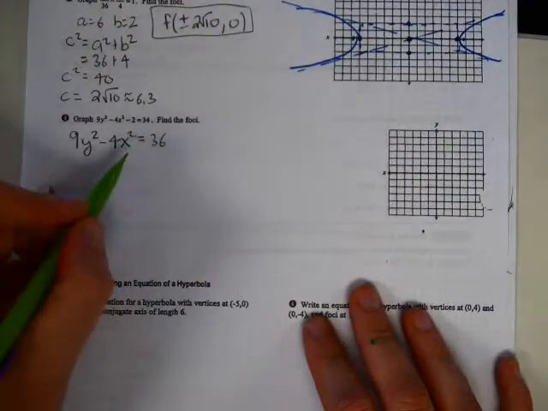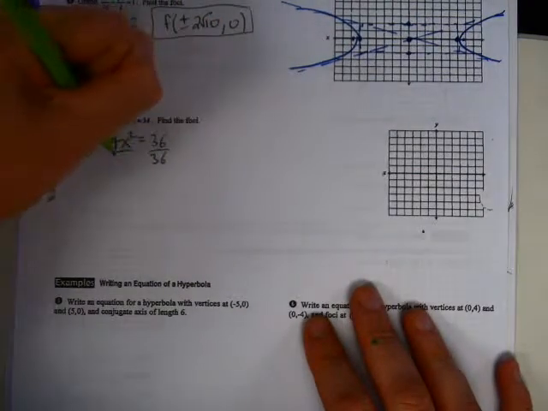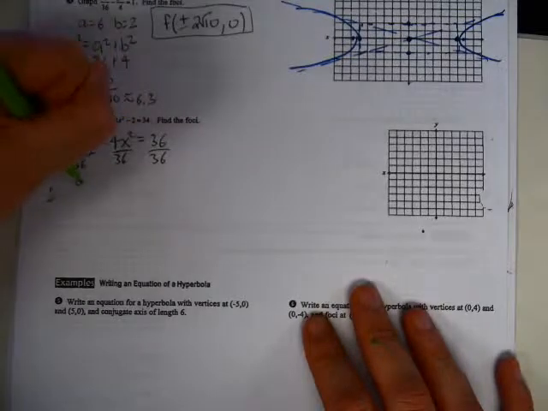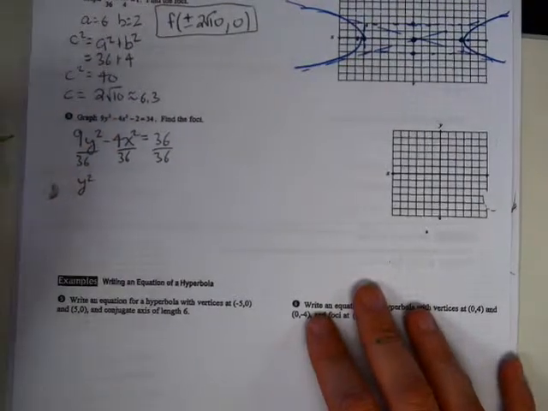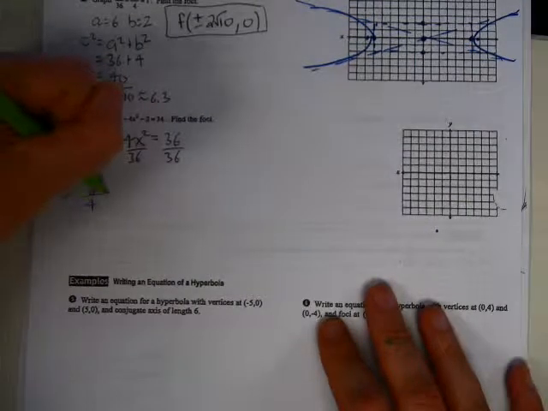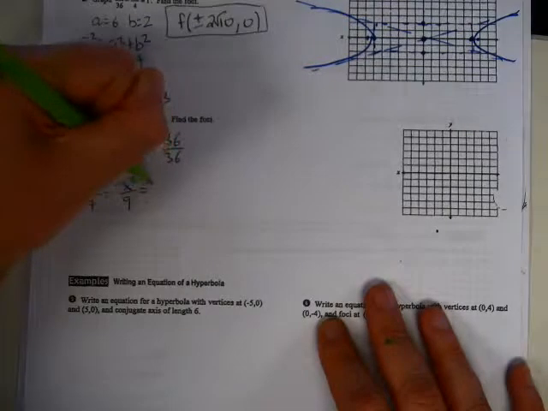I need this to be 1, so I'm going to divide everything by 36. I have y squared over 4 minus x squared over 9 equals 1.